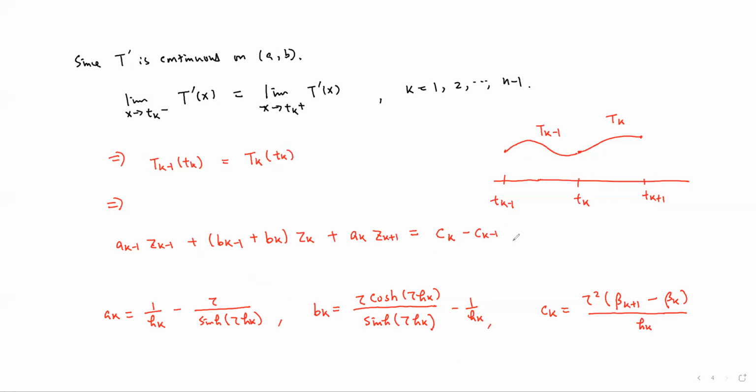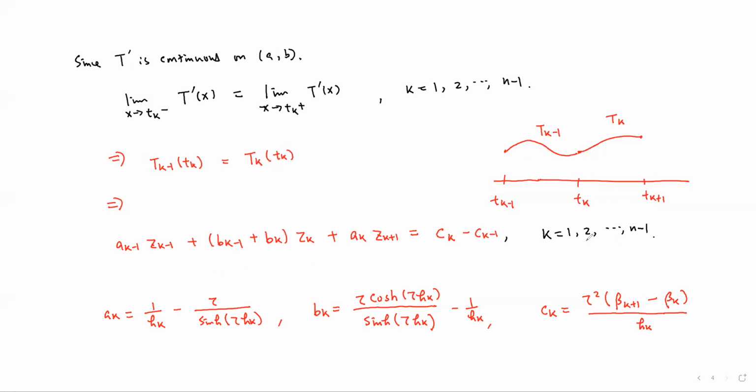So recall that k is from 1, 2 to n minus 1. Yeah, this equation is from the continuity of the first derivative of t at the interior lines.